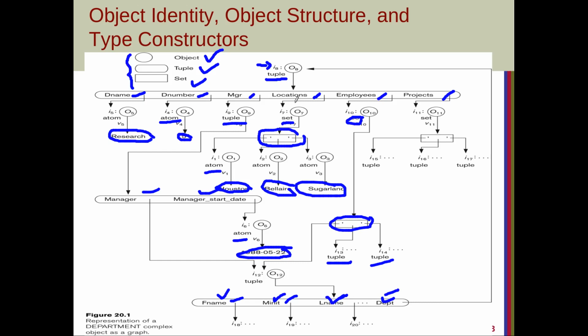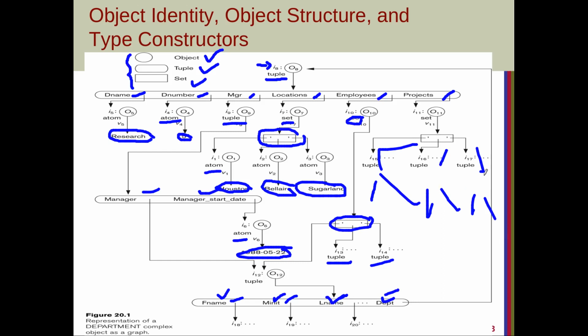Every element has an object identifier that uses a particular type constructor. Based on the type constructor, its elements will be created and expanded. Now we can see projects, O11, which is again a set. We have different divisions. Tuples again, all of which are to be divided further into different tuples, each tuple with its attributes and corresponding object identifiers. So that is to be expanded.